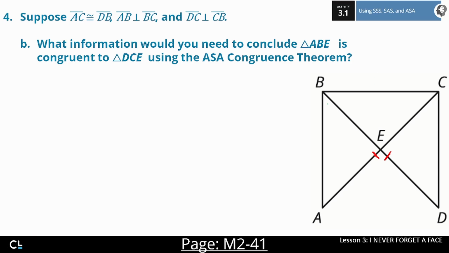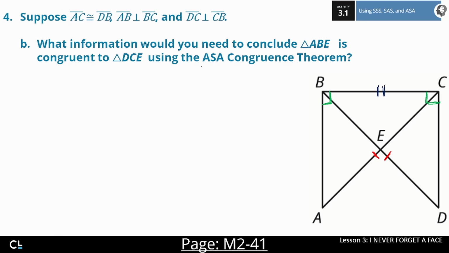We know that these right angles are congruent here and here. Those right angles are congruent. And then we said that this side is congruent, right? Because it's reflexive property, right? Side right here.